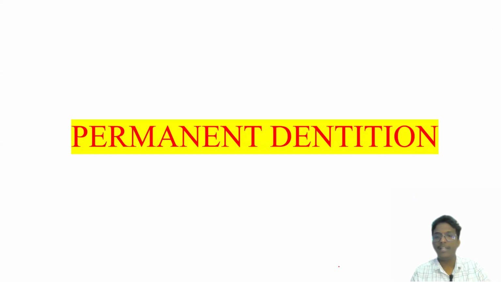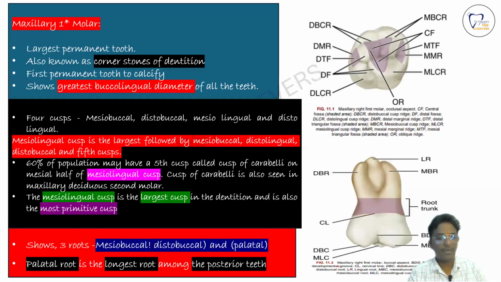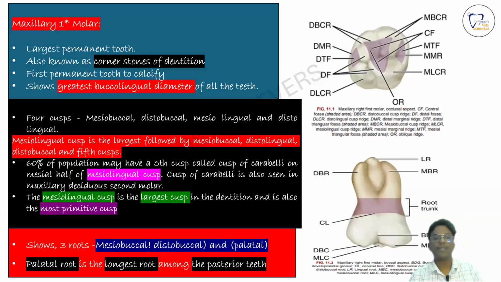Coming to the permanent dentition, the maxillary first molar. The maxillary first molar is the largest permanent tooth seen in the oral cavity and is also known as the cornerstone of the dentition.